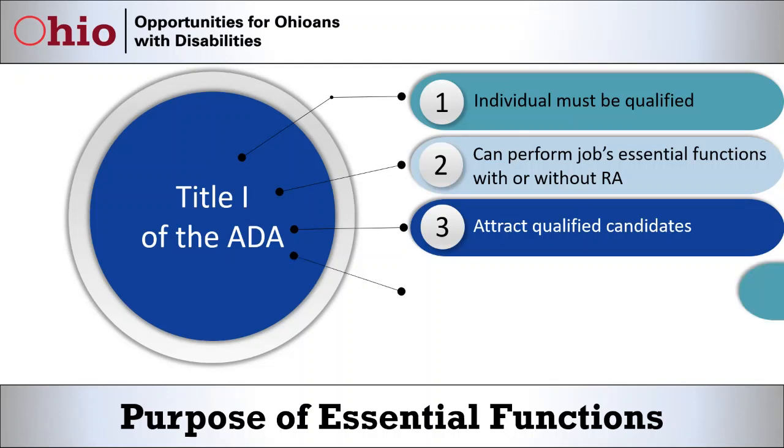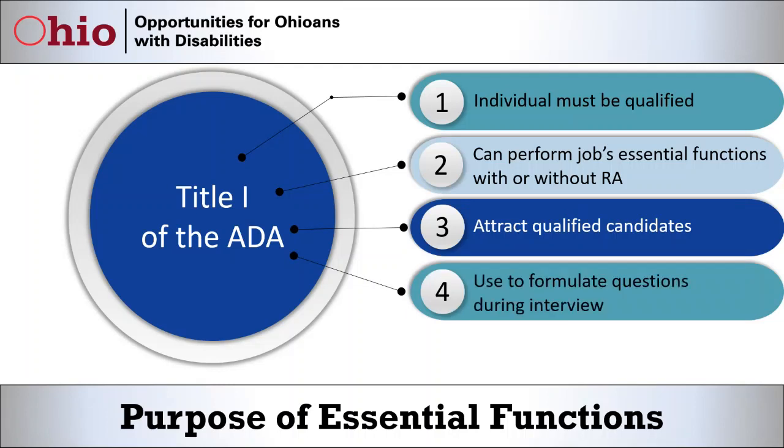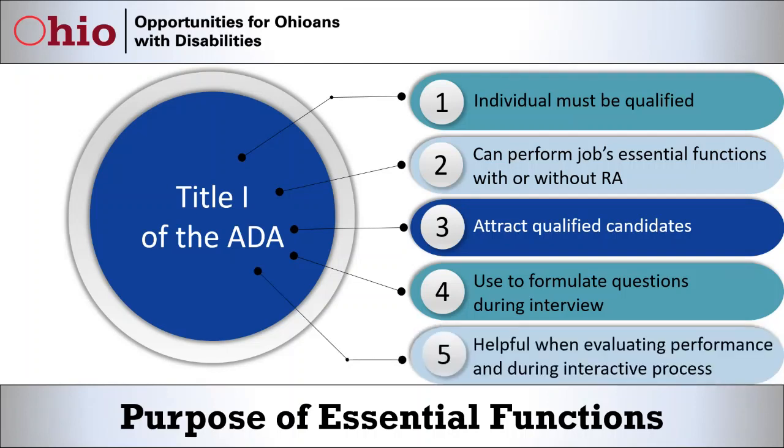Employers can also use essential functions to formulate the questions they ask during their interviews, which matters because this can help to determine whether an individual is qualified. And essential functions matter because they are helpful when an employer is evaluating performance and determining an effective reasonable accommodation during the interactive process. We will discuss all of this in today's presentation.